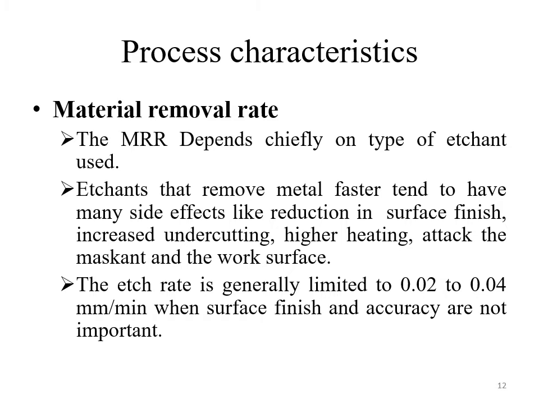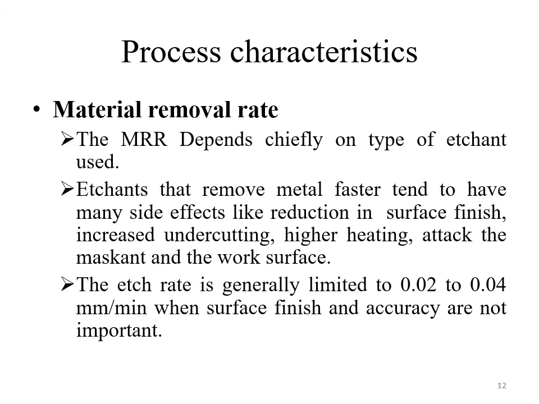Also, when etching at a faster rate, it generally releases a higher amount of thermal energy or enthalpy, so heating of the workpiece or the chemical occurs, and an uncontrolled chemical reaction occurs in the container, which is not at all desired. It also attacks the maskant, so the maskant will degrade or decompose. So these are all undesired effects of agents which remove the metal at a faster rate, and the work surface also.